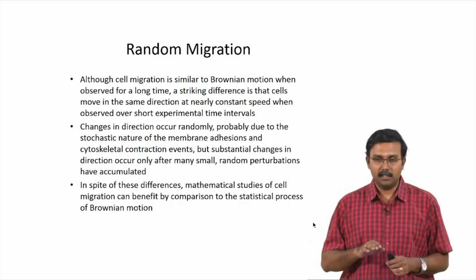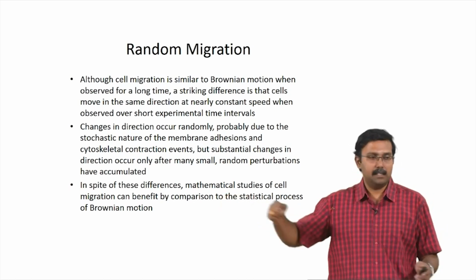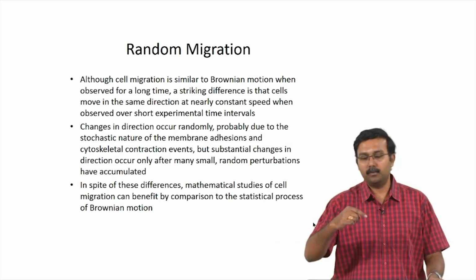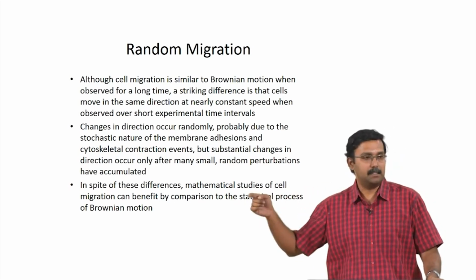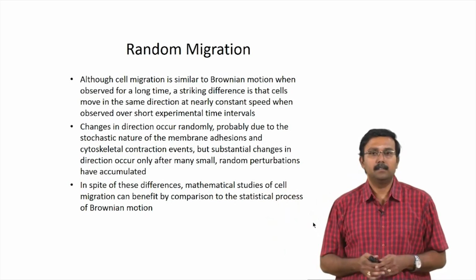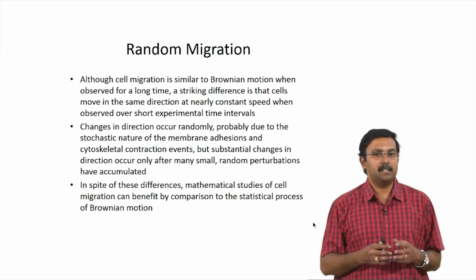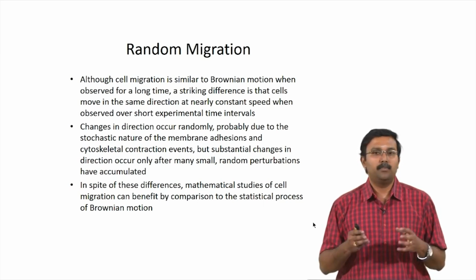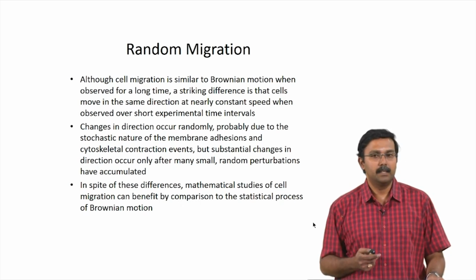So, it is not like the cell which has been moving this way suddenly starts changing direction and moving the other way. It will move slightly to another site before it completely changes direction, right. So, in spite of these differences, you can actually use mathematical studies based on Brownian motion for understanding random cell migration. Okay.